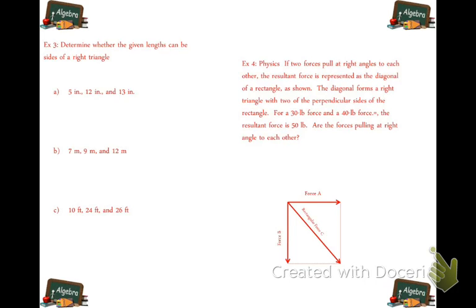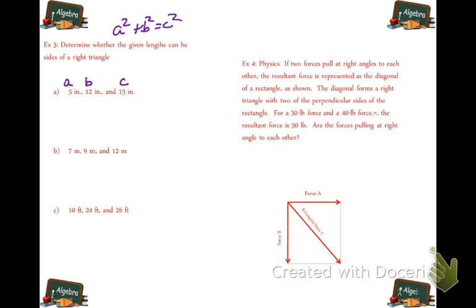All right, next. Determine whether the given lengths can be sides of a right triangle. So they're going to give you 3 sides. All you're going to do is put them in the order that they give you. So 5 would be A, 12 would be B, and 13 would be C. And you do the formula that they give you. Remember, the Pythagorean theorem is A squared plus B squared equals C squared.